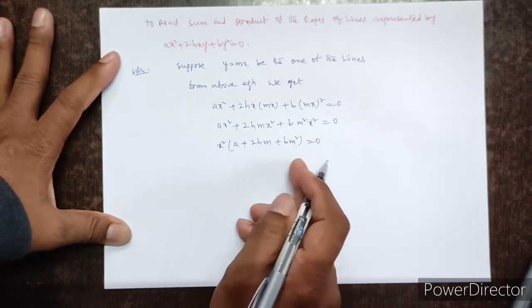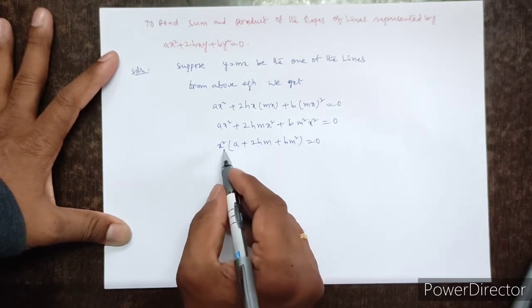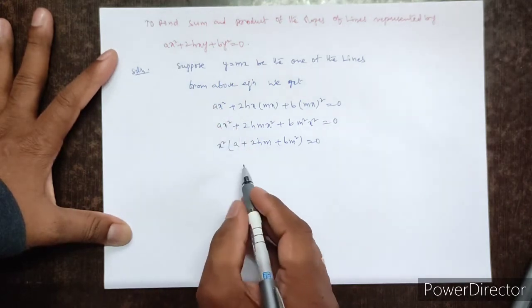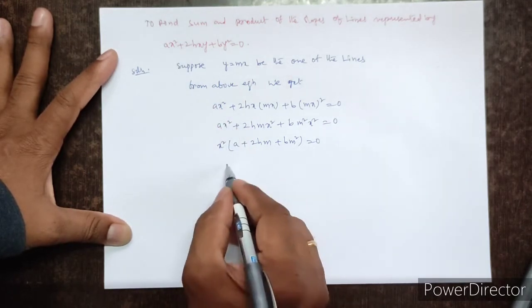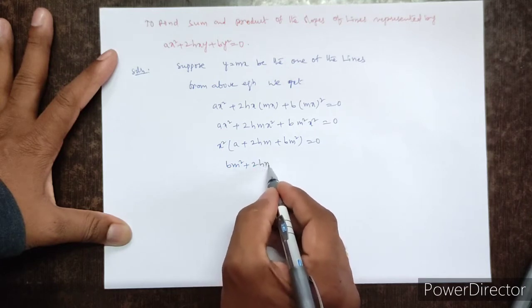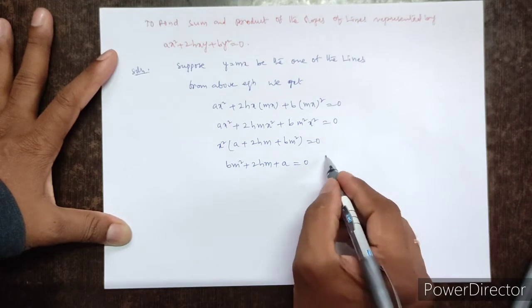Then product of these two equal to 0. Anyway x is not equal to 0. Since x not equal to 0, therefore bm square plus 2hm plus a equal to 0.